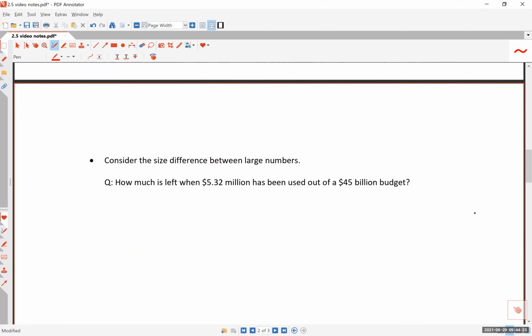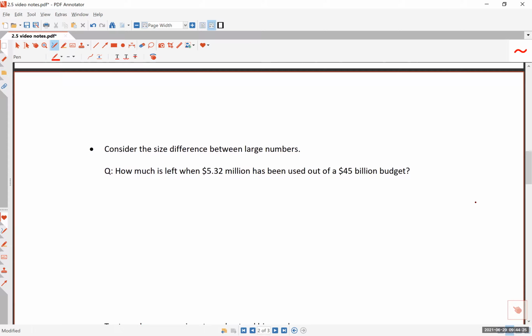We talked about this already, so we don't have to go into details here, but let's consider the size difference. How much is left when you spent $5.32 million out of a $45 billion budget? Now remember, billions are so much bigger than millions. Who cares about 5 million when you talk about $45 billion? And I don't even care about the 0.32 million because these numbers are so small compared to the 45 billion.